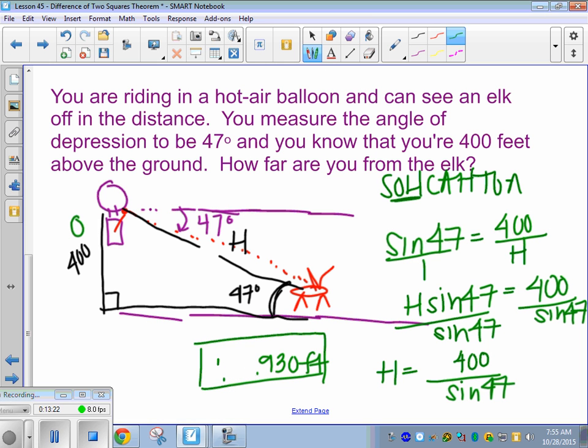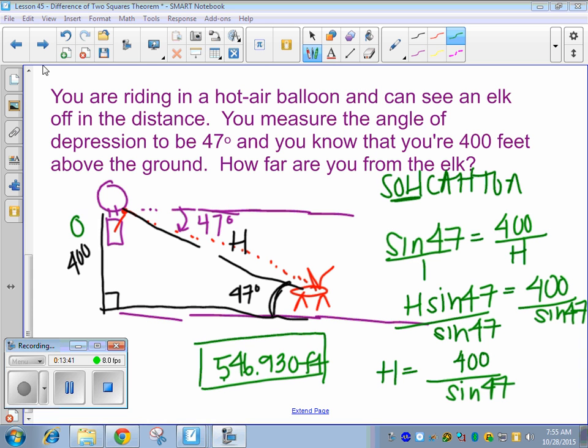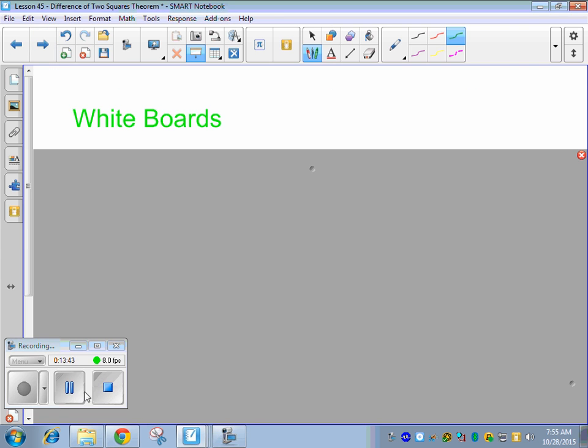Okay. 5, 4, 6. Is that right now? You guys make sure it always makes sense. Obviously, if you get a negative number, you did something wrong because there's not a negative distance. If you get something that doesn't make sense for your picture or what kind of feet you're talking about, then make sure it makes sense before you put an answer down. And that's it, you guys. If you can draw the picture, you can probably get the problem correct.